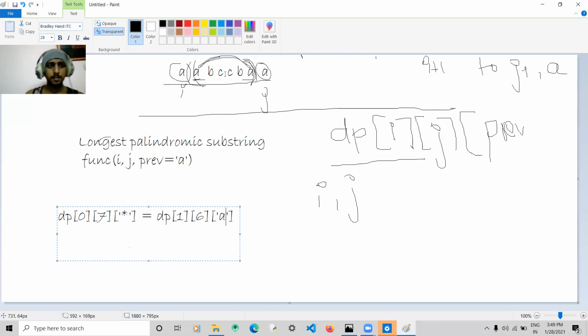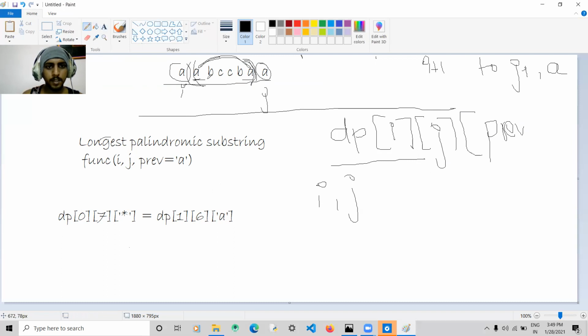So your new function would give you the palindromic length from b to b. It will ignore that a because previously it was a, so it ignores consecutive letters. So you check a and say please don't start with a, so it starts with b, and that b in turn will say okay, give me the longest substring in this smaller range, but don't start with b. And there is no b, so it starts with c.